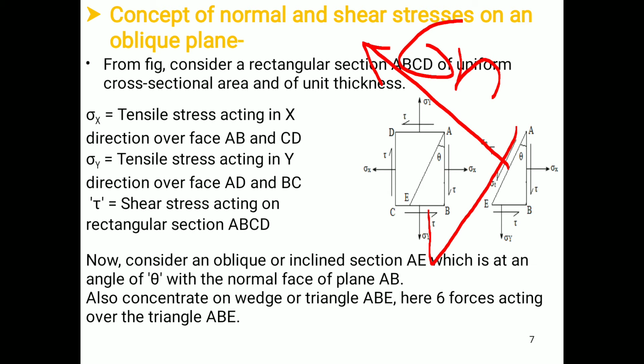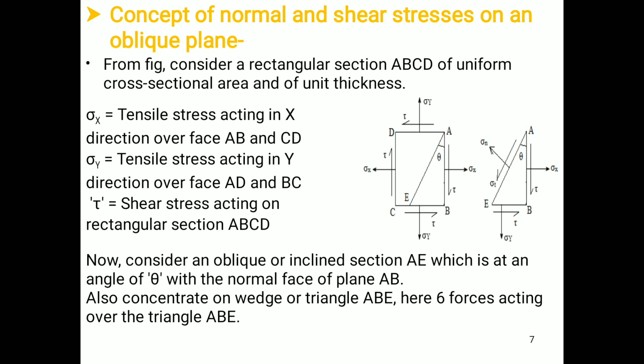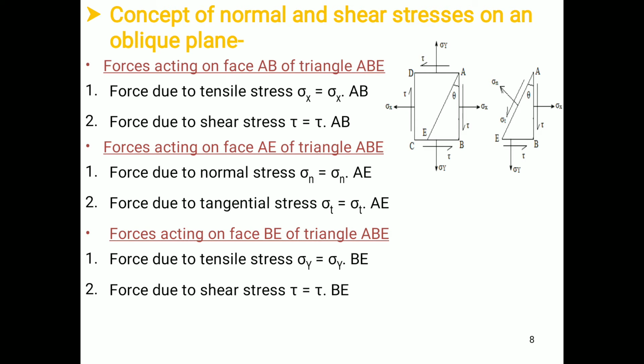So in this manner we have concentrated on triangle ABE. If you observe carefully, there are 6 forces acting over the triangle ABE. Those 6 forces are in terms of normal stress or shear stress. We will discuss this concept further.